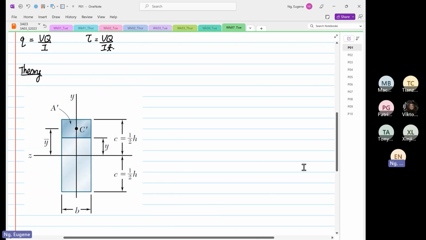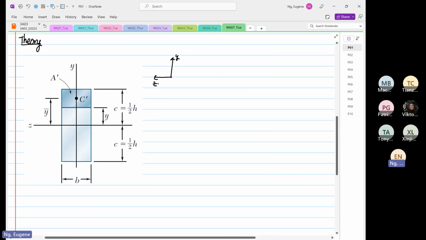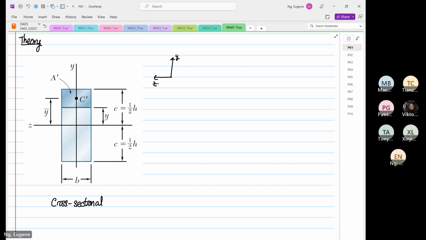If we were to draw the transformation, this is our y, and this is our z. What we are looking at here is the cross-sectional view.